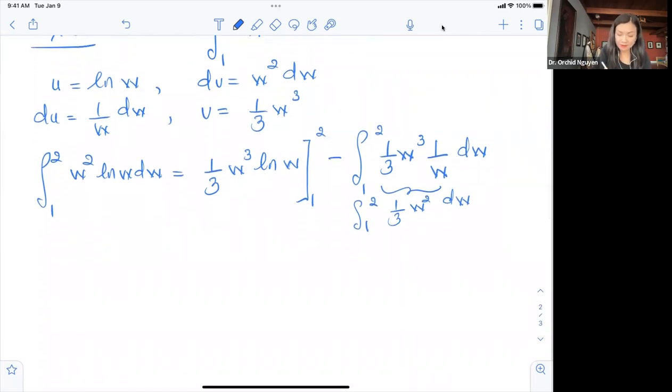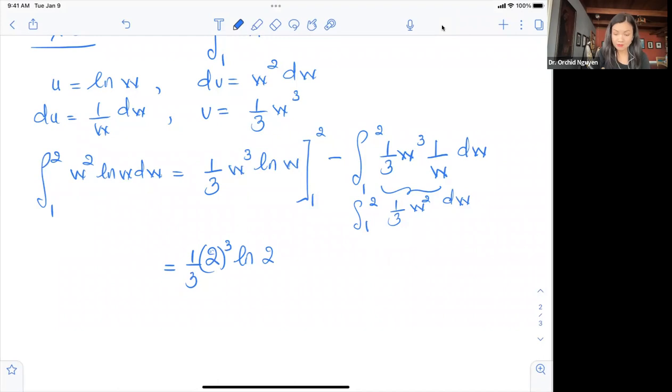So when I evaluate for this part, I will have 2 cubed, so that turns into 8, and we have ln 2.